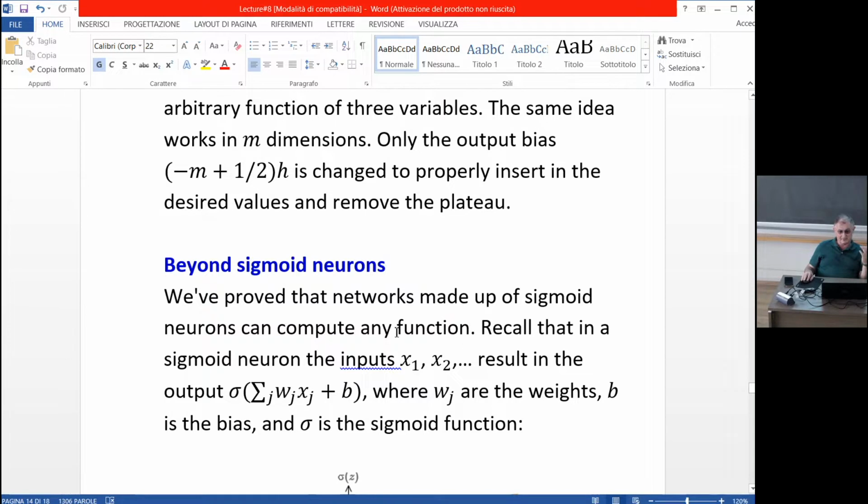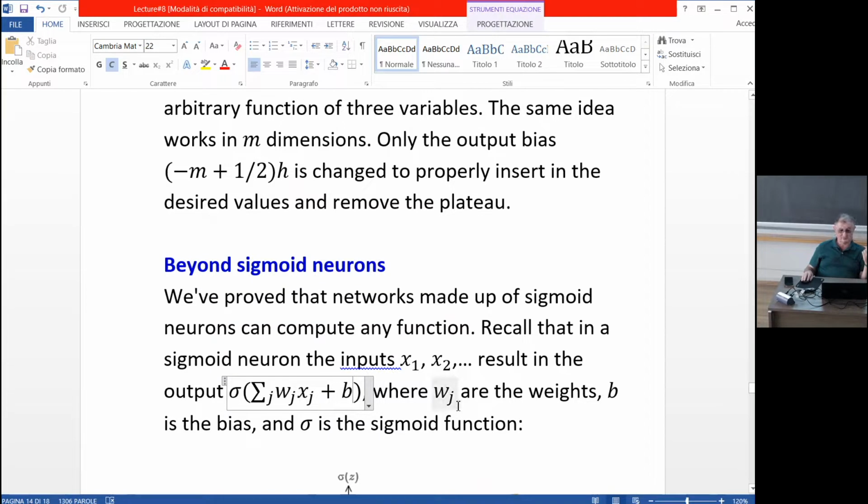Recall that in a sigmoid neuron, the inputs x1, x2, and so on result in the output sigma of the weighted sum of the previous neuron values plus our bias.